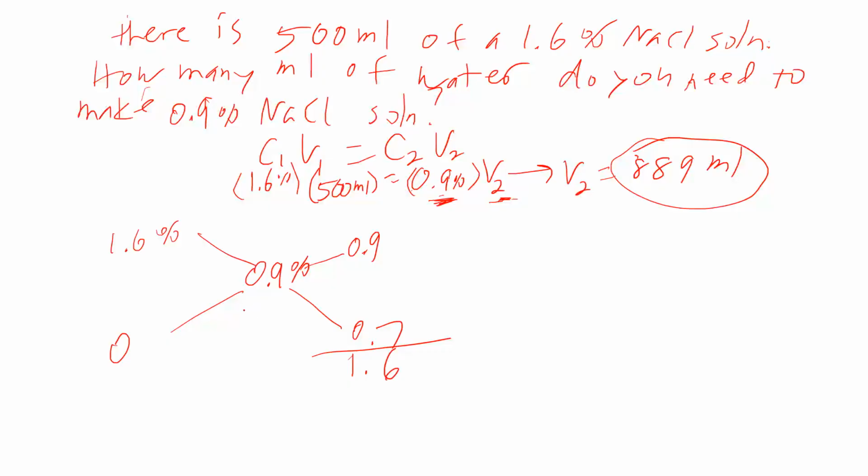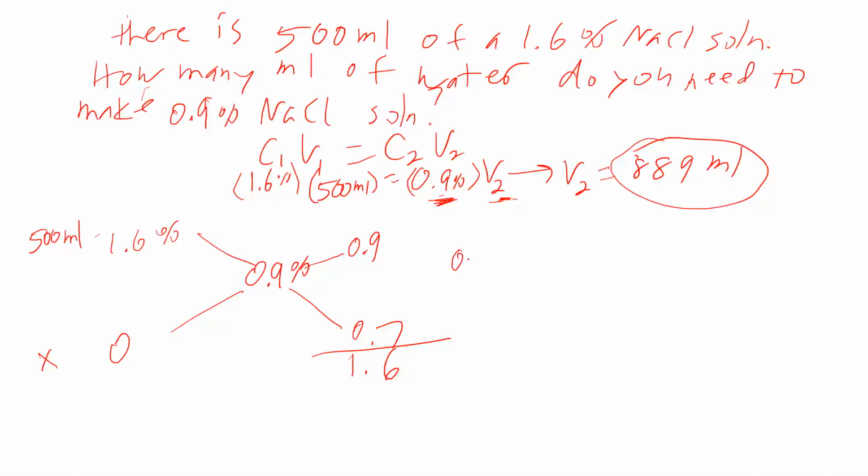Now we know that there's 500 mils of the 1.6%, but we don't know how much is this one. So now all we have to do to find this X number is say, well, we know there's 0.9 parts of 1.6%.